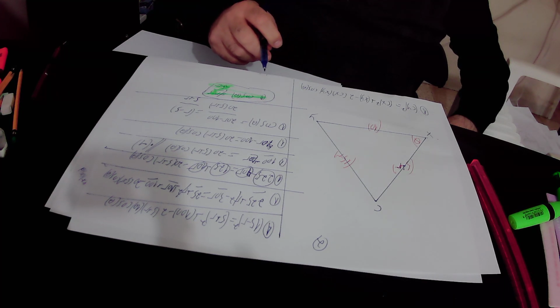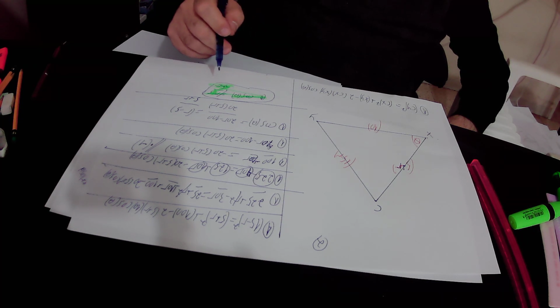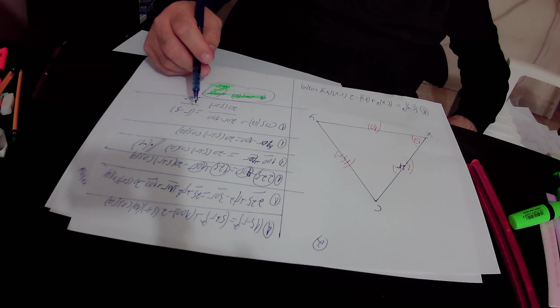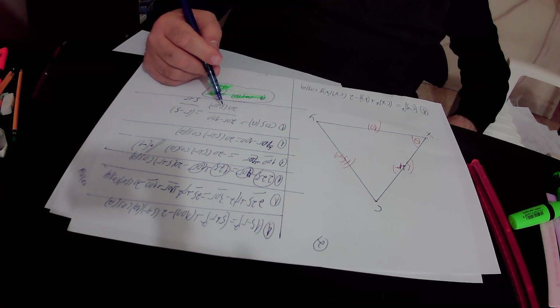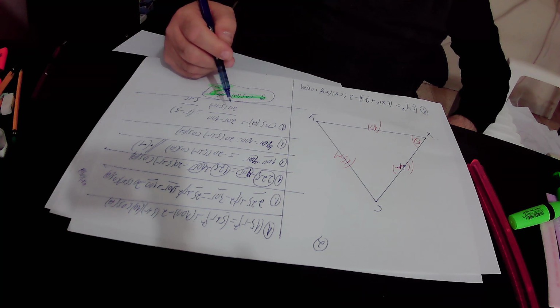So here we actually have to divide equation number 1 by 20 times (5 plus r).